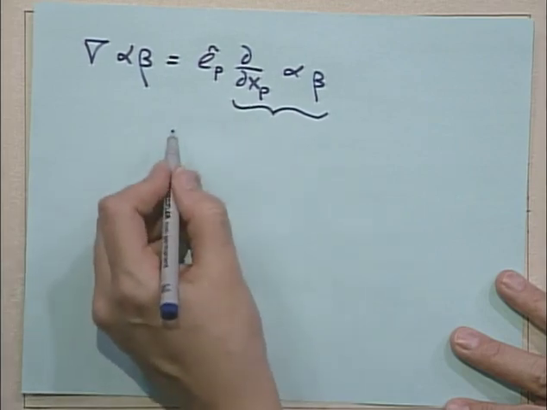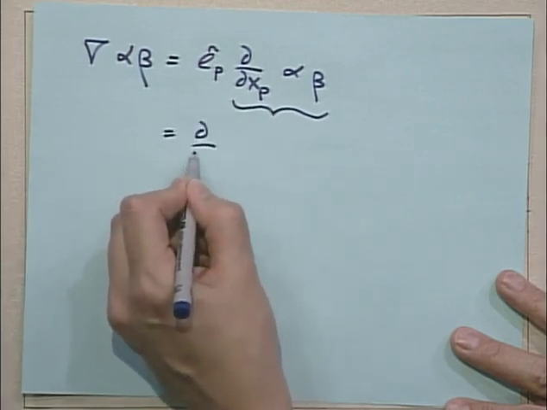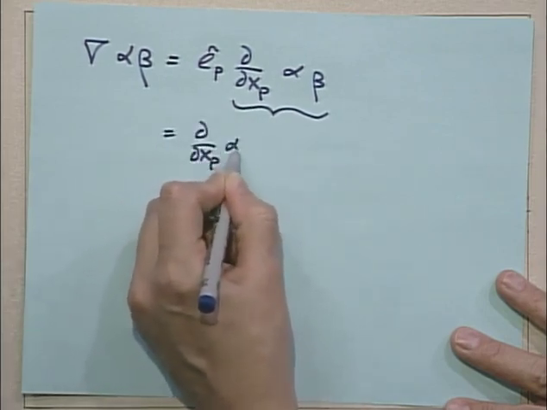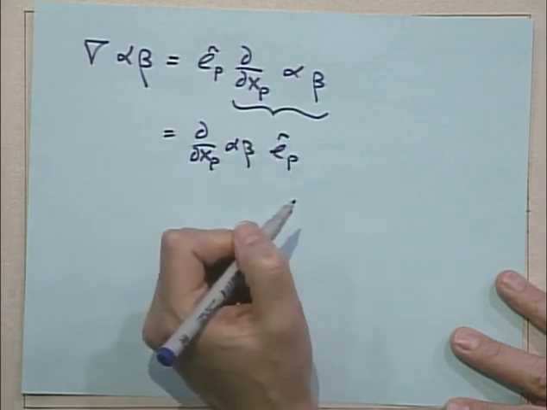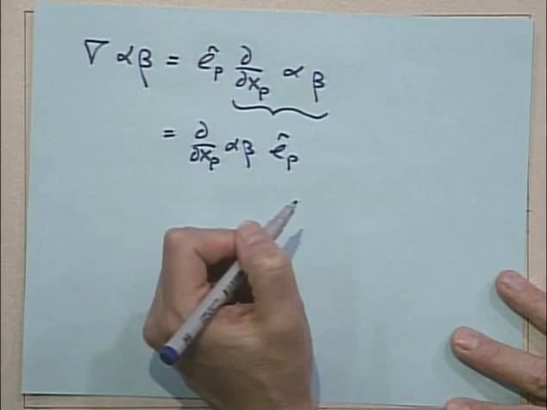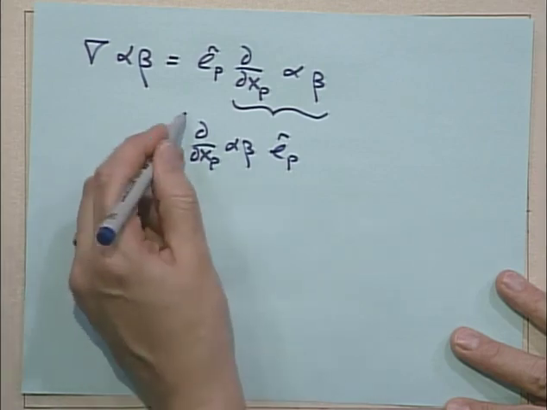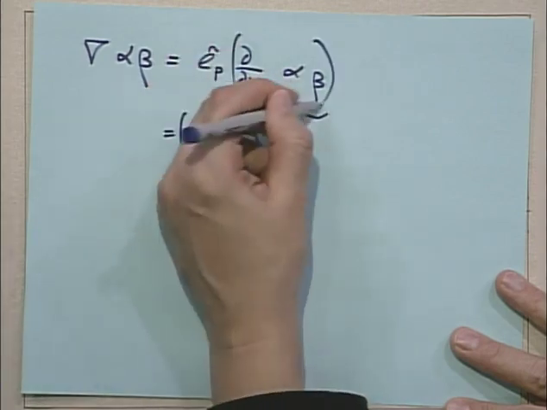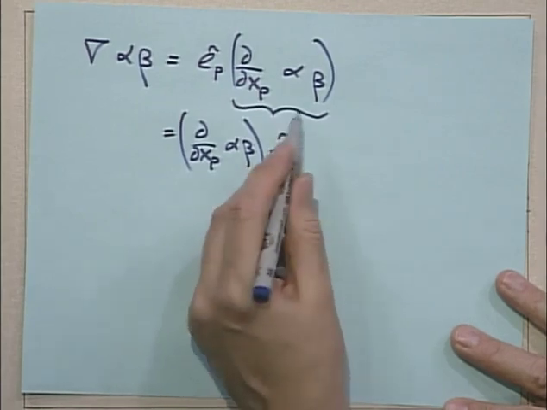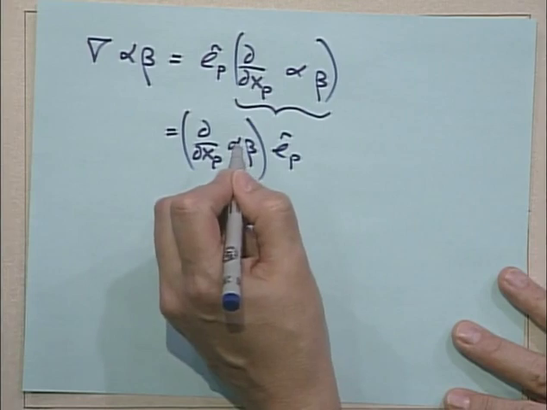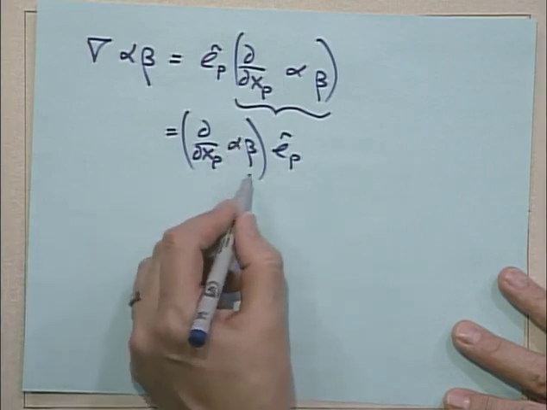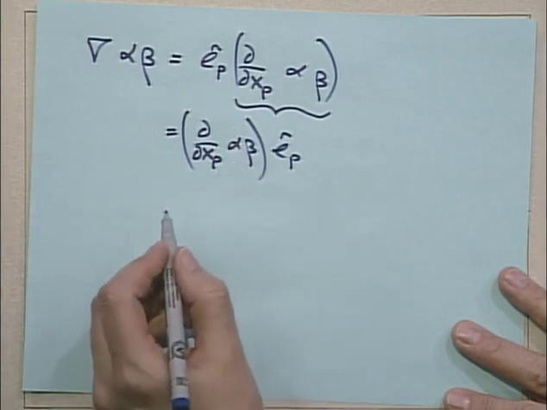So I can move the whole thing over to the left, but I must move them together because that gradient operator needs to act. It acts on everything to the right. So these are now a quantity that are stuck together. If I want to expand this, either one of these is correct because we can move scalars around, but I have to do this as the product rule.